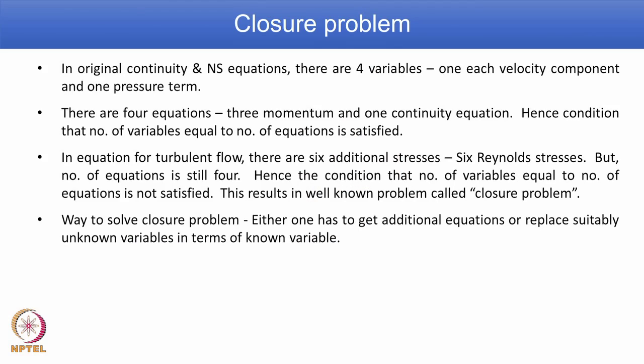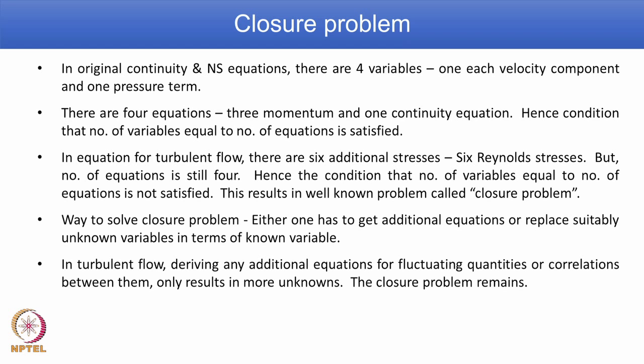There is a way to solve this closure problem. Either you can get additional equations for each of those stresses, or suitably replace the unknown variables in terms of known variables, hence the number of unknown variables gets reduced. In turbulent flow, it is possible to derive additional equations for fluctuating quantities and then find the equations for Reynolds stresses.